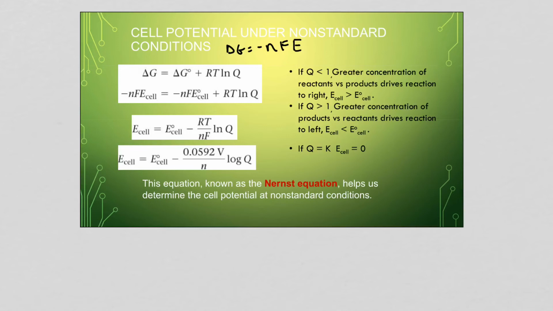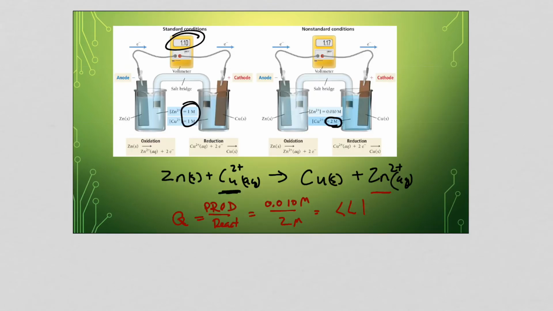So we want to make product, and so we end up with a higher cell potential than we do under standard conditions. So our goal here is to try to get rid of this copper, make zinc, or drive the reaction to the right. So we see that we get an elevated cell potential. The reaction is now, quote, more spontaneous by setting it up this way.